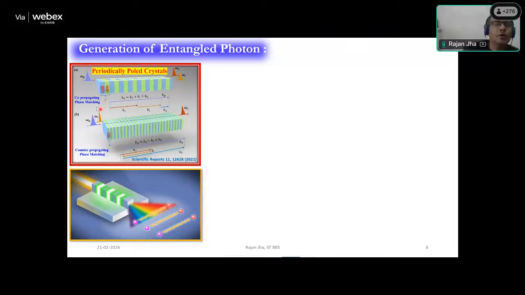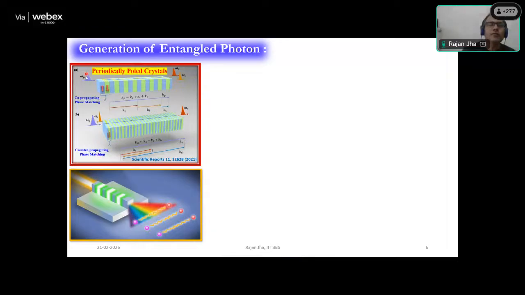And depending upon whether you have the k vector of the signal and the k vector of the idler in the same direction, so you get effective k, or in the opposite direction, accordingly it is either called a co-propagating phase matching condition, or otherwise a counter propagating phase matching condition.